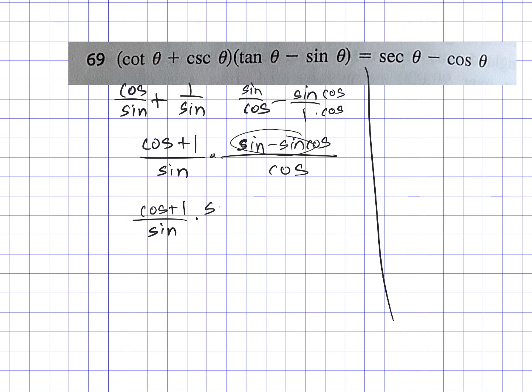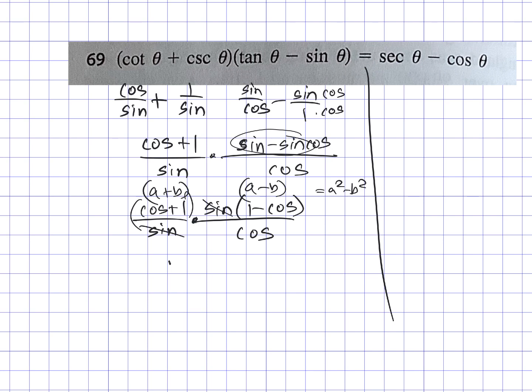And we're multiplying again, remember? So factor out a sine, I get 1 minus cosine. Since it's multiplication, the sines are going to reduce out. So now I have a plus b times a minus b. That's a squared minus b squared. So at the top, of course, I have to rearrange this.